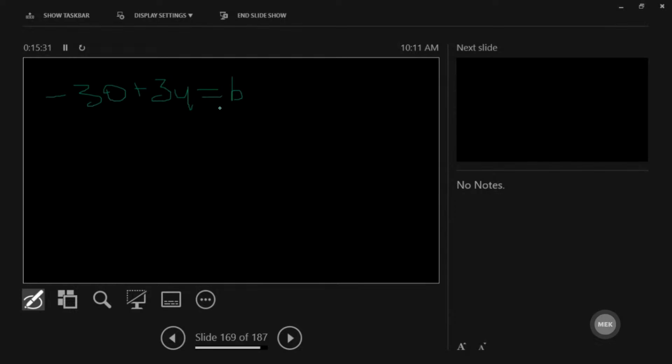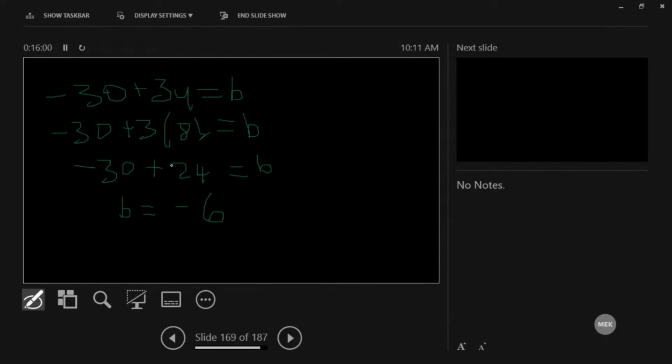And since we just found that y is 8, negative 30 plus 3 times 8 is equal to b, and 3 8s are 24. So negative 30 plus 24 is equal to b. That means b is negative 6.